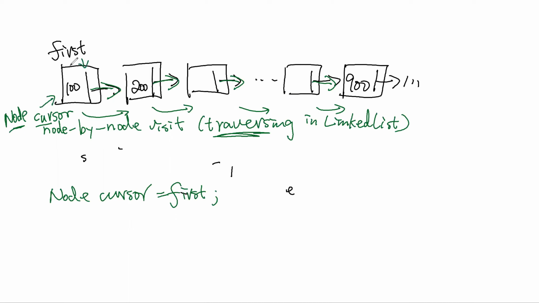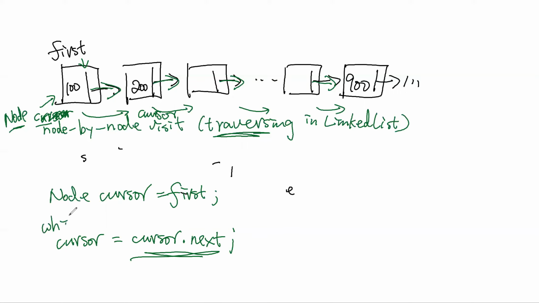Here is the first, so both point to the same memory location in the heap. Then how do I move the cursor to next? You can set cursor equals to cursor's next. Now the cursor moves to the second.